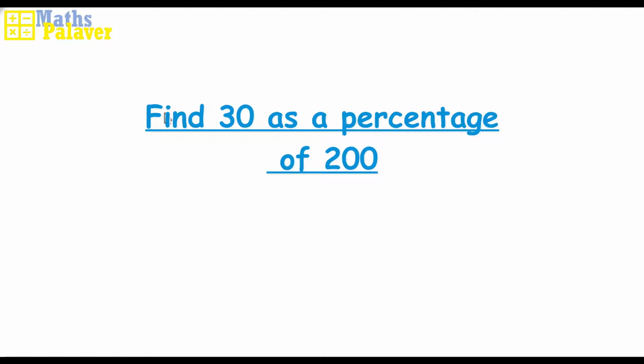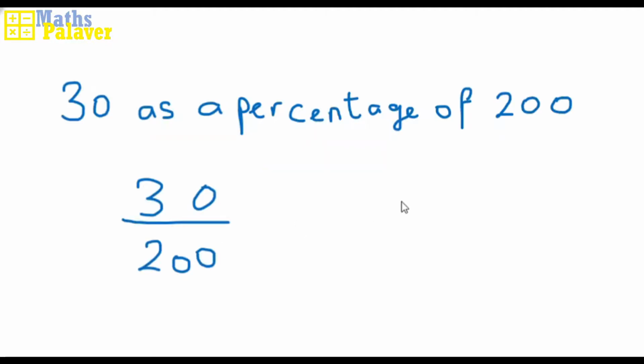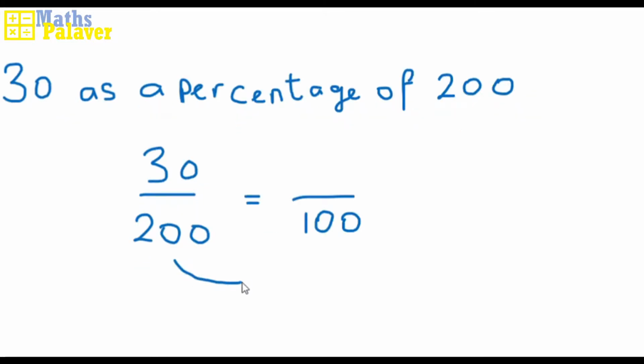What percentage is that? Well, the quick way to do it is just make 30 a fraction of 200. Make 30 the numerator and 200 the denominator. Then simplify it so that you've got an equivalent fraction with 100 as the denominator. So if there's an equivalent fraction of 30 over 200 with 100 as its denominator, what will the numerator be? 200 divided by 2 gives 100.